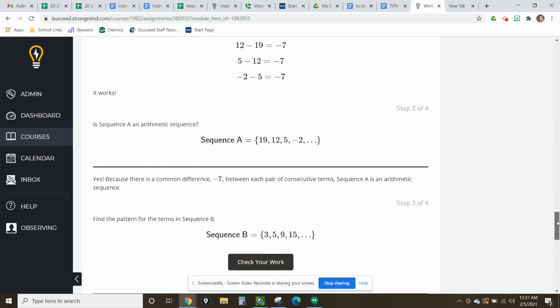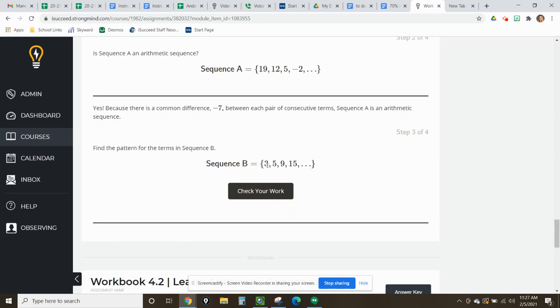Okay, so now sequence B. Is this an arithmetic sequence? To get from 3 to 5, I'm adding 2. From 5 to 9, I'm adding 4. And from 9 to 15, I'm adding 6. I'm not adding the same thing every time. Yes, I'm adding every time, but not the same thing. So this is not an arithmetic sequence. But they want us to figure out what the pattern is.